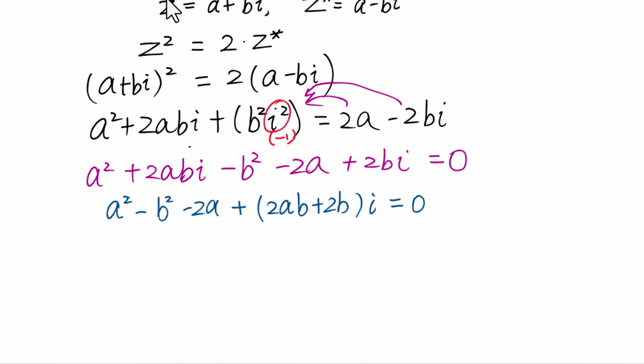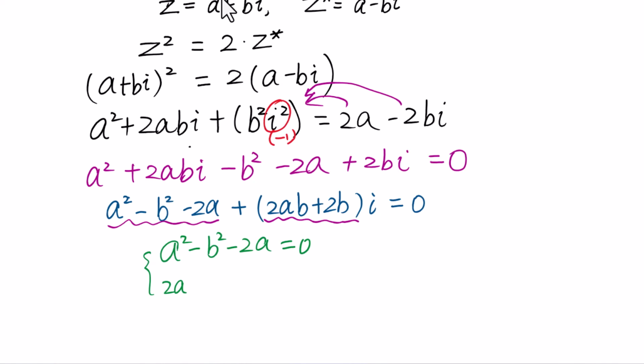Then we set up the real part and the imaginary part equal to 0 separately. a squared minus b squared minus 2a equals 0, and 2ab plus 2b equals 0. Let's solve the second equation first, because it's easier.